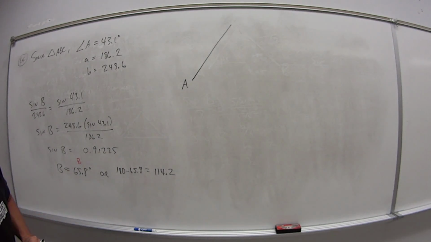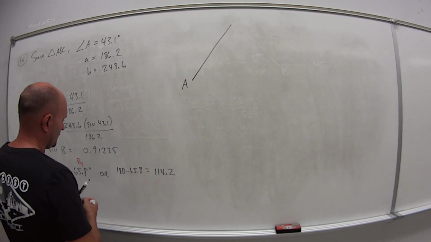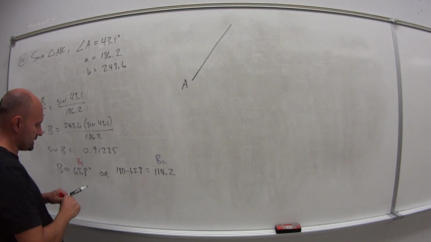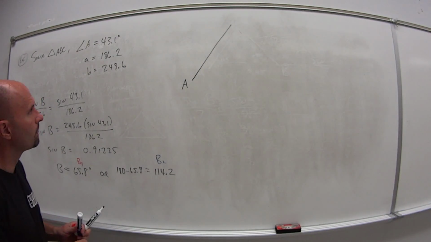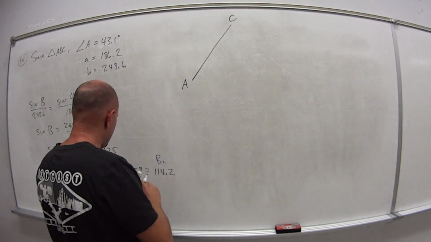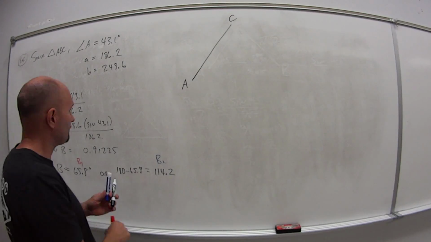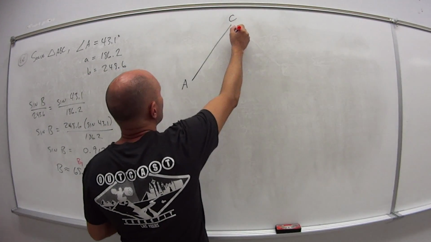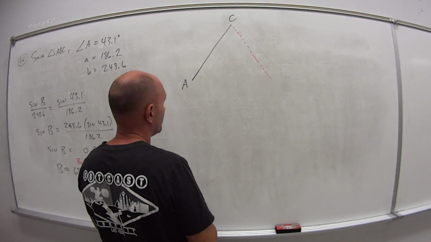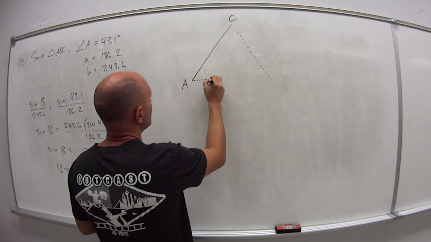I'll call this one B1, and 114.2, we'll call that B2. So if here's angle A, here's angle C, for B1 at 65.8, that would be maybe somewhere down here. So angle A was given to us, 43.1.